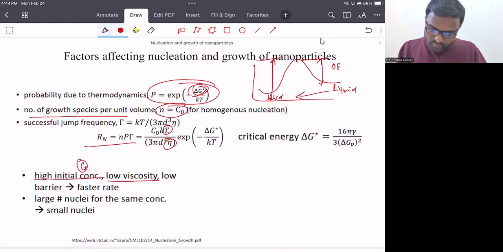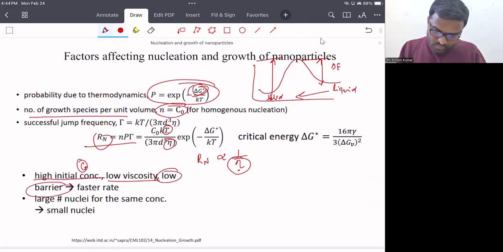And if we have lower viscosity, where the viscosity appears here as 1 by eta, that means we have a faster rate of the nucleation process. And we have the other parameter, that is the barrier, and this barrier is delta G star, right?